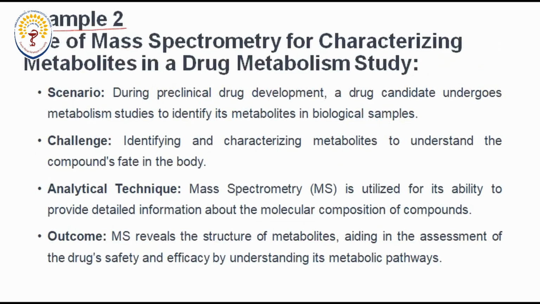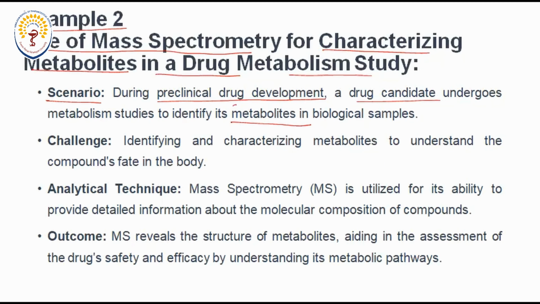Now example number 2, we are using mass spectrometry for characterizing metabolites in a drug metabolism study. Understand the scenario is like there is a preclinical drug development. We are developing a drug and we want to see what are the metabolites of this drug.